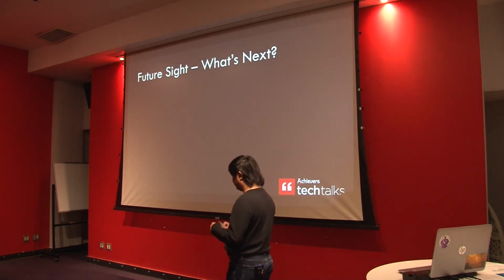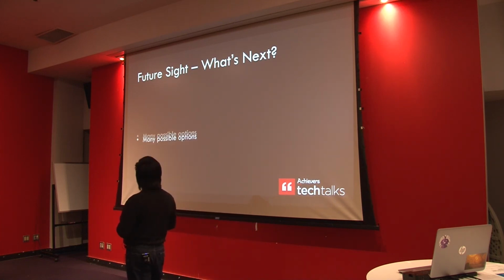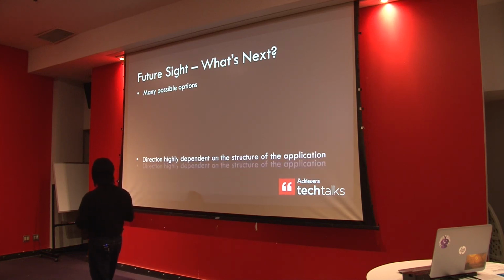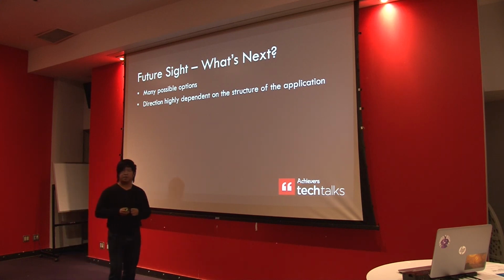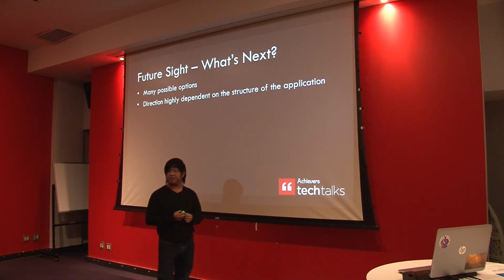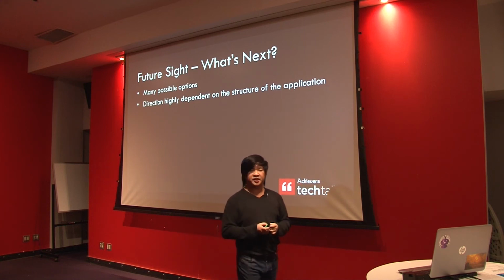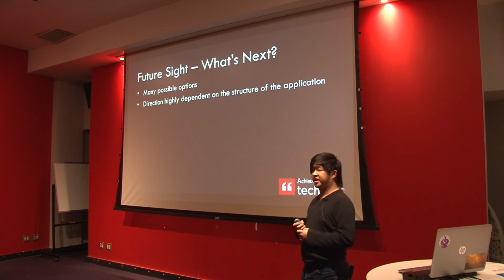Where are we going next? Where are we going on the next steps on this CI/CD journey? There are a lot of different options, mostly because we are dependent on the structure of the application. The way that you do the CI/CD process with something like Docker or Kubernetes or any form of microservice is going to be completely different than the way that we do it with monolithic applications.